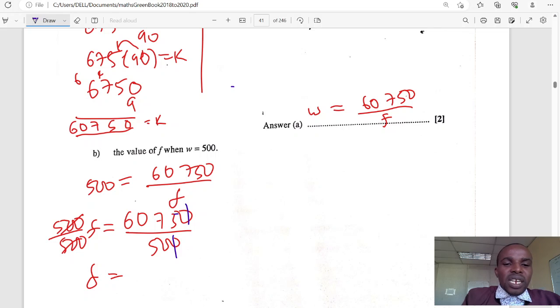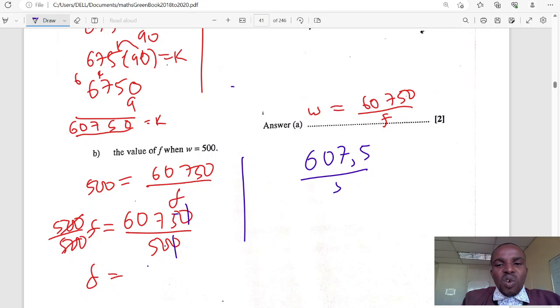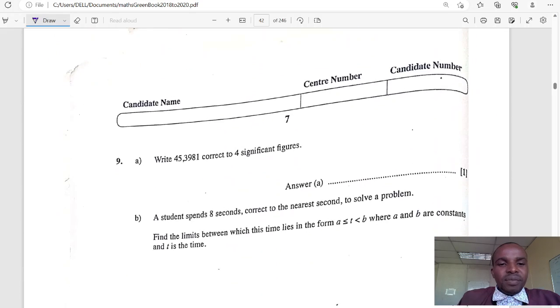If you remove one 0, it will be 607.5 over 5. Then 5 into 6 is 1 remainder 1, 5 into 10 is 2, 5 into 7 is 1 remainder 2, 5 into 25 is 5. So it's 121.5. Done.